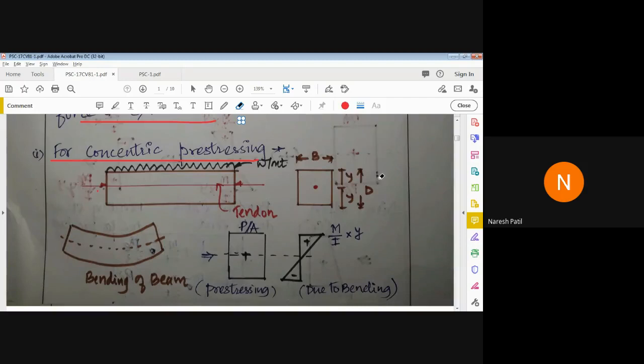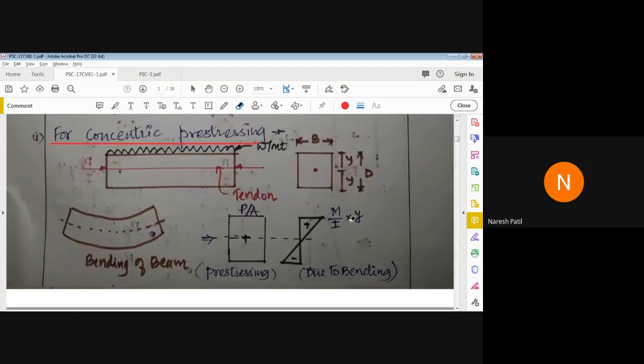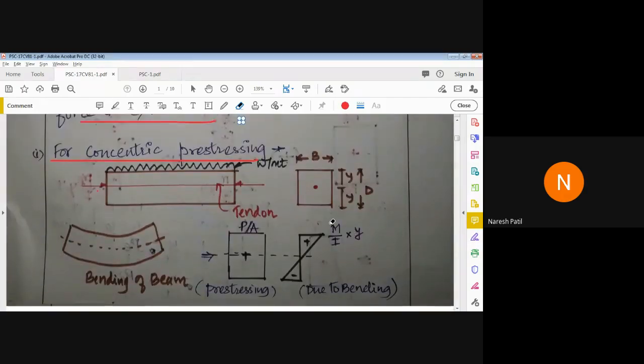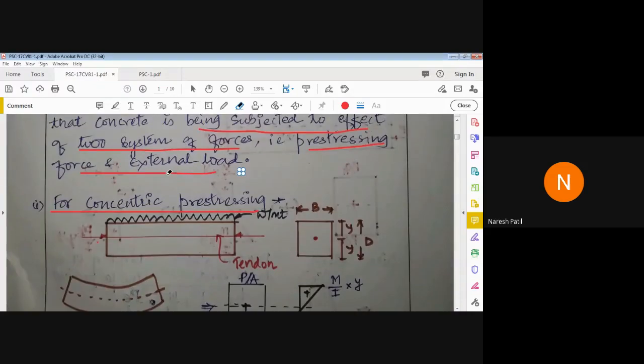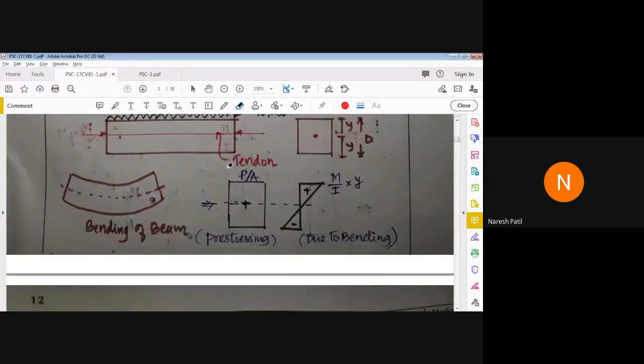Now what will happen here? When the beam is subjected to two systems of forces, the pre-stressing force and the external load, it will develop pre-stress. You can see this is the stress distribution diagram.